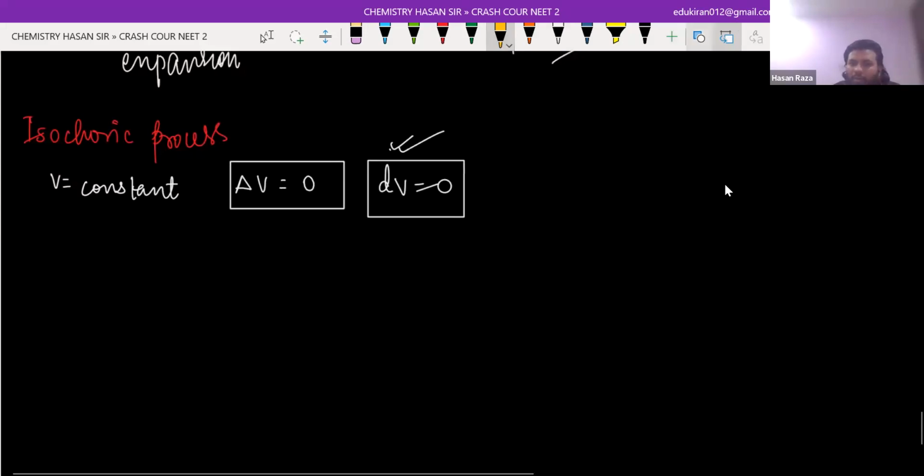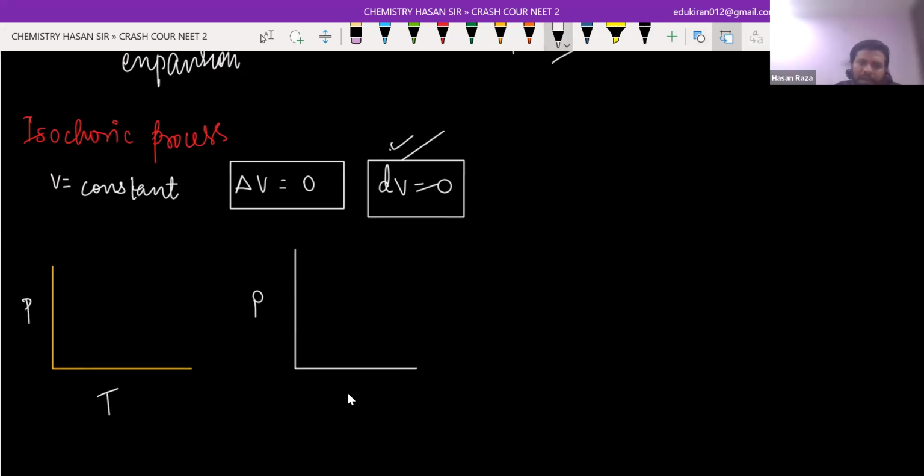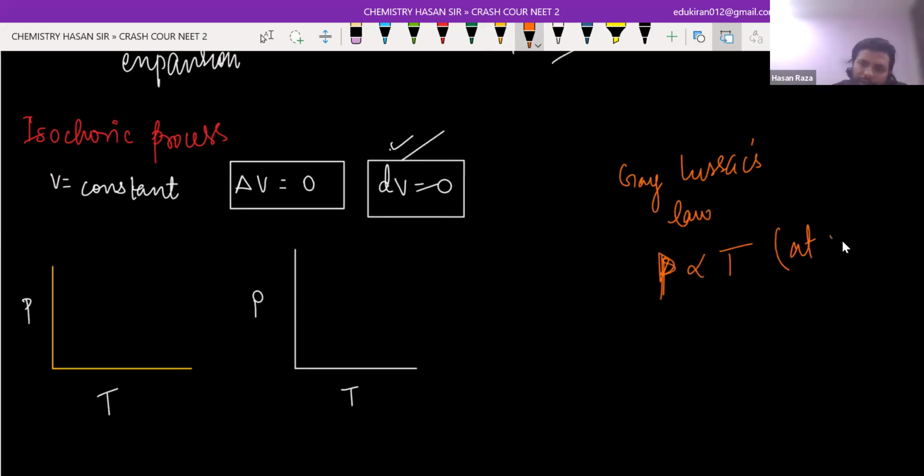Now again, you are going to plot a graph between P versus T. Again, this graph can be solved if you know states of matter, and in states of matter, this is your Gay-Lussac's law. Gay-Lussac's law says that pressure is directly proportional to temperature at constant volume and number of moles.